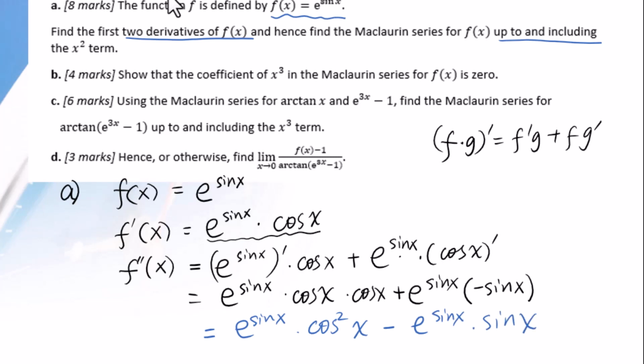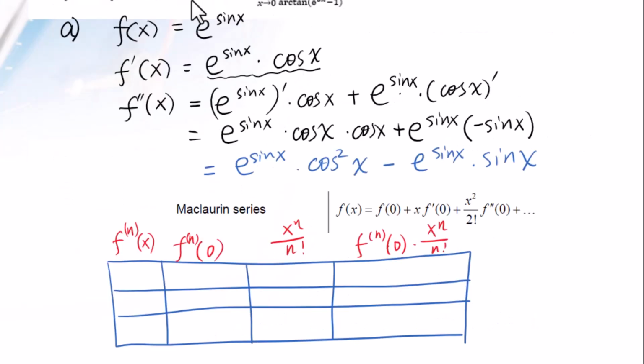Then we will make a table to figure out the Maclaurin series for f of x up to and including the x squared term. Now let's fill out this table: f of x, f prime of x, f double prime of x. Then substitute 0 into each function.